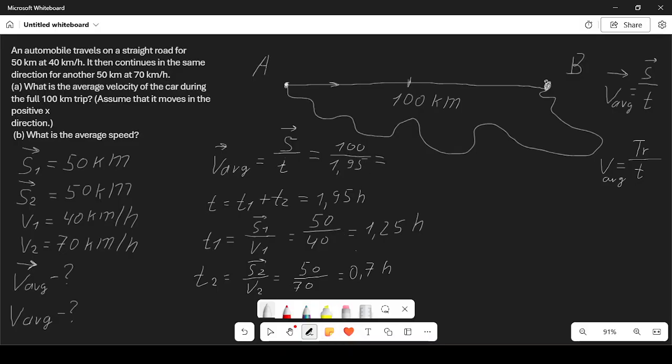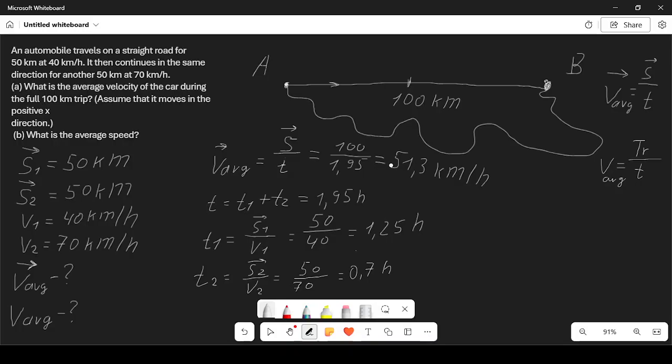So 100 divided by 1.95 equals 51.3 kilometers per hour. This is our velocity. We found our average velocity.